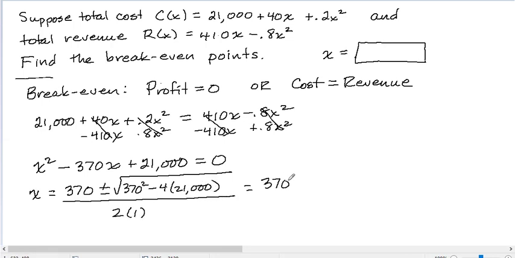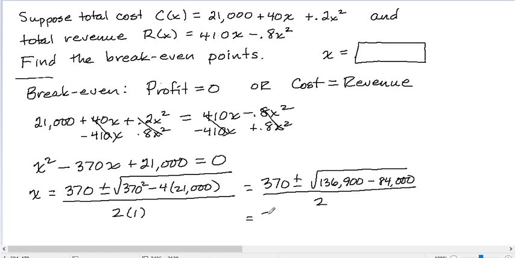That's 370 plus or minus, 370 squared is 136,900. And then minus 4 times 21,000 is 84,000, all over 2. 370 plus or minus, this square root will turn out to be 230, all over 2.